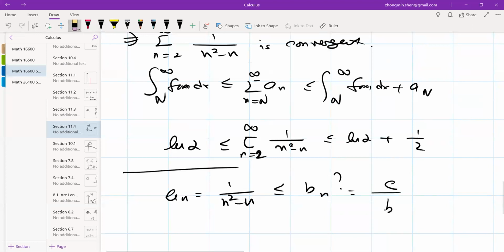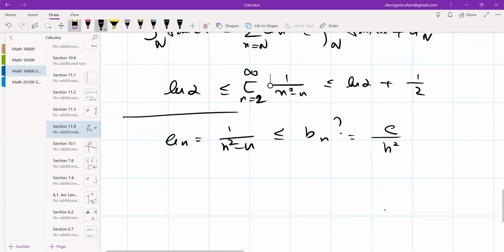This needs more skill in mathematics. You have to put some large constant c. You cannot put c to be 1, because unfortunately n squared minus n is less than or equal to n squared.